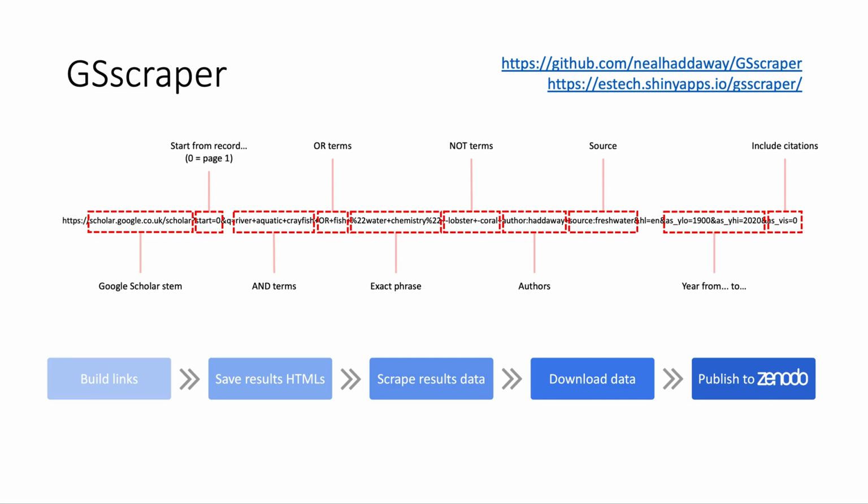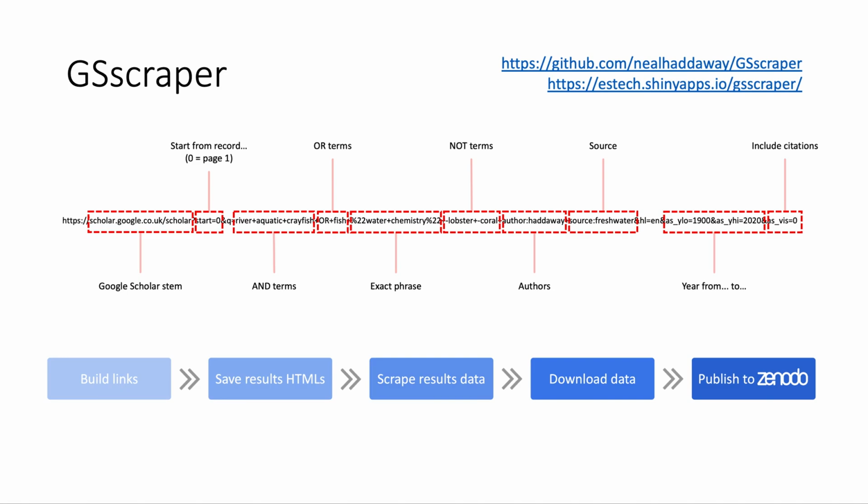So it's very easy to build a functional Google Scholar URL just using search terms. And that will then take you to a specific page with a specific search. And if you play around with a Google Scholar advanced search, you can see all of the things that you can put in, including authors, phrasing, whether to include citations or not, what the journal is that you want to search in, and years and stuff like that.